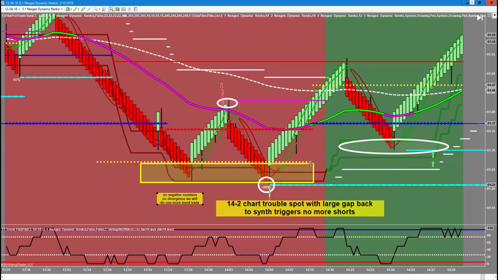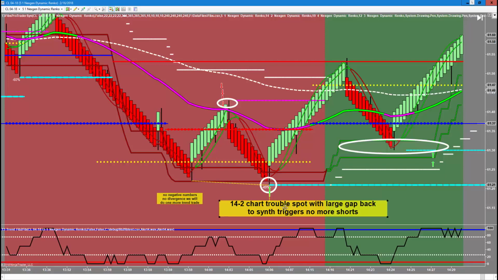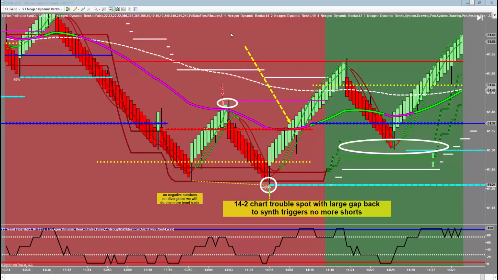Now we have a lot more respect, right? Again, there are two things that happen here. Look, a one-tick pivot stop out and divergence, and we're at a trouble spot from the large chart. Which means what? If you try to go short after trouble holds, you're going to have a very low probability trade.